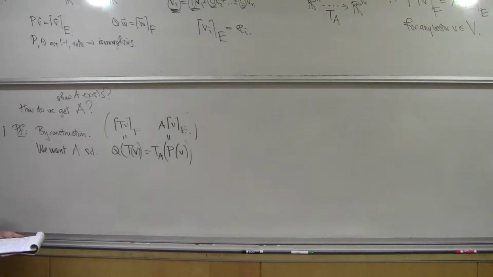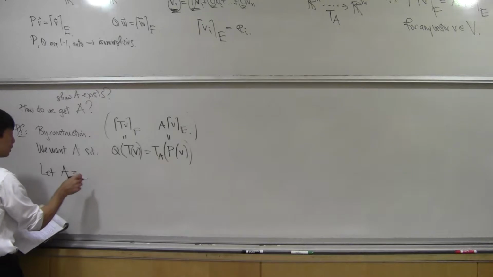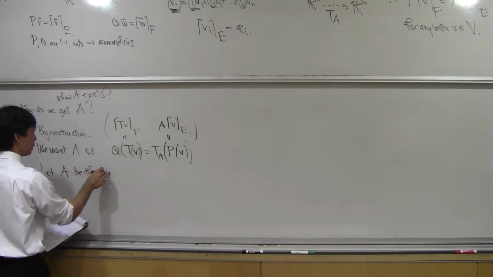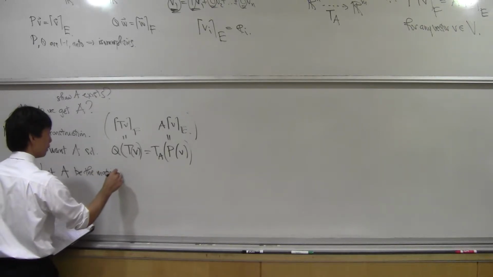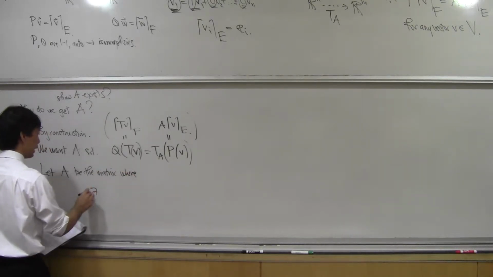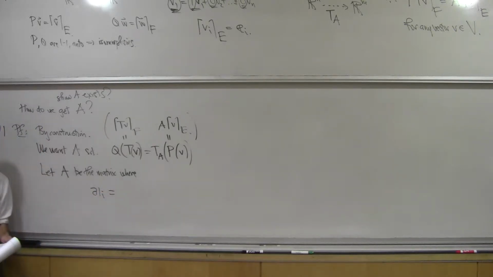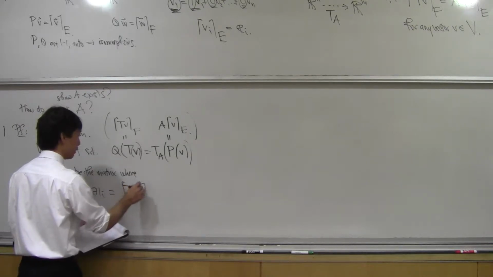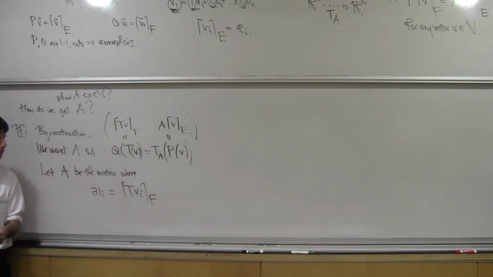Okay, so here's what we're going to do. We let A be the matrix where Ai, the ith column, is, as usual, TVi's coordinate vector with respect to F. Okay.